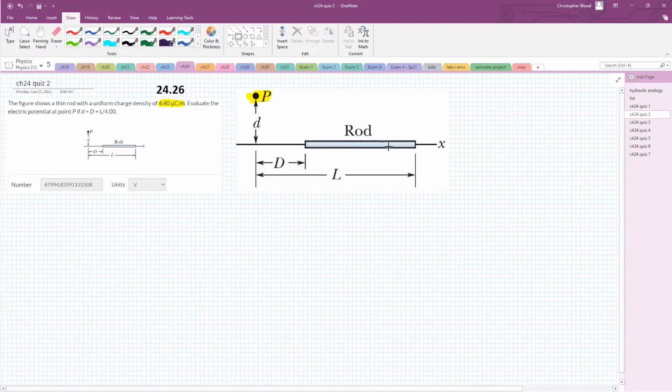I'm doing this because I can deal with points. I know the voltage due to a point is kQ over r. So this is my starting point: I'm going to identify a point-sized point, a dQ.